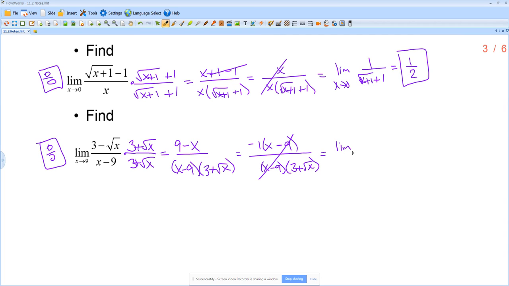So this becomes the limit as x approaches 9 of negative 1 over 3 plus square root x. If I substitute 9 into this, the square root of 9 is 3. 3 plus 3 is 6. So the limit here is negative 1/6. And again, the limit exists and is equal to negative 1/6, but the function is undefined. This most likely represents a hole.